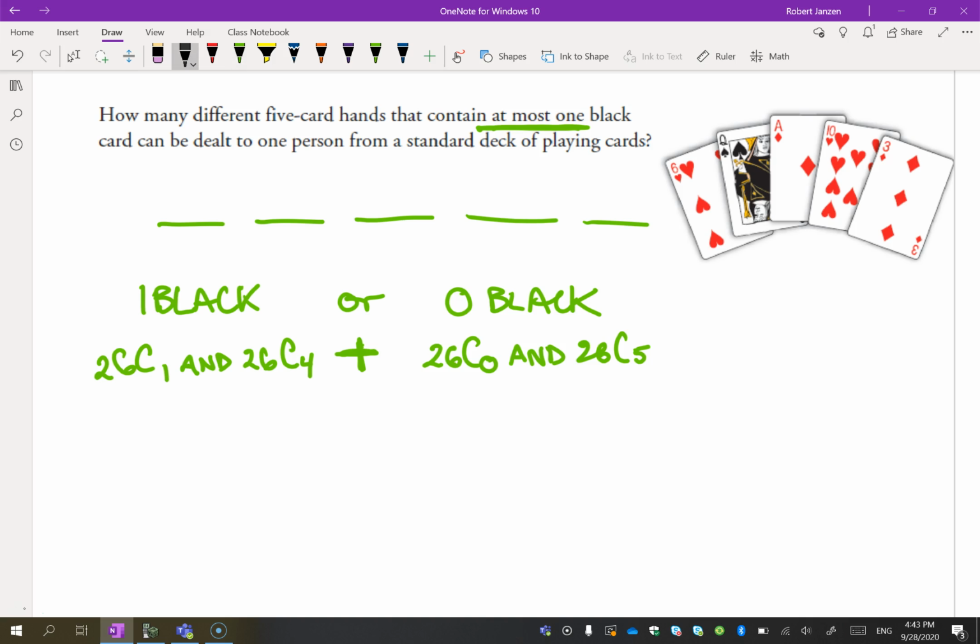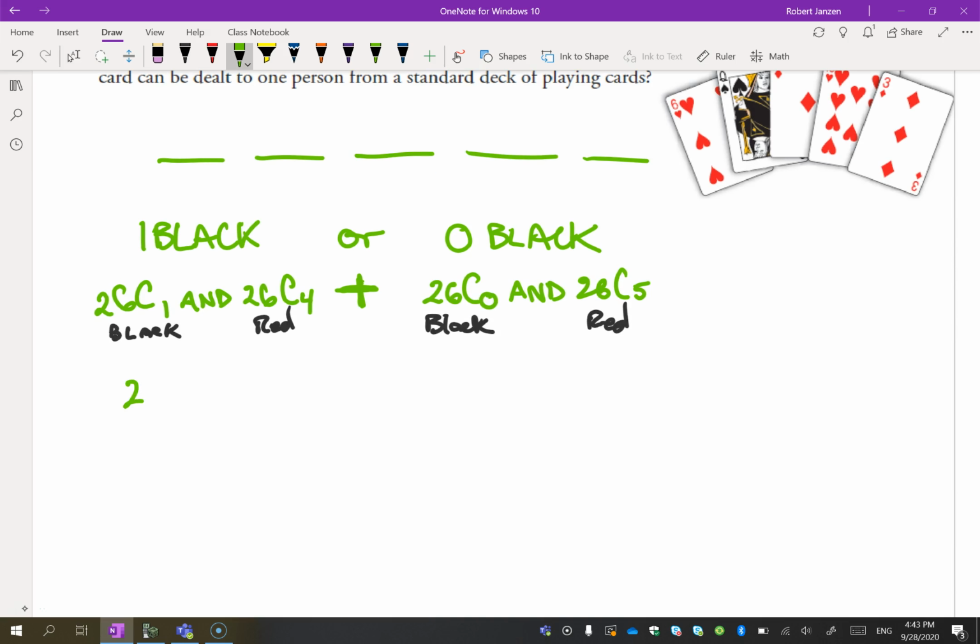Okay, so if you want to make yourself some notes here, this is the black, this is the red, this is the black, this is the red. Okay, 26 choose 1. There's 26 ways to do that. 26 choose 4. Oh, there's quite a few ways to do this. 26 choose 0 is 1.